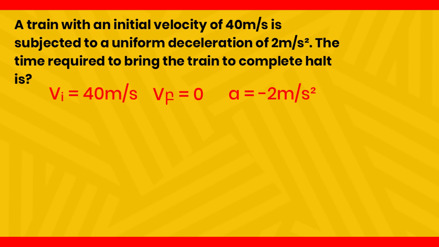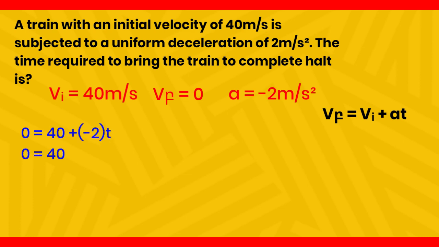To calculate the time required to bring the train to stop, we use v final equals v initial plus at, and we have 0 equals 40 plus minus 2t, and 0 equals 40 minus 2t. 2t equals 40. Dividing both sides by 2, we have t equal to 20 seconds. This is the time required.